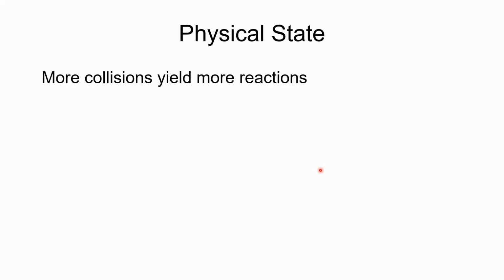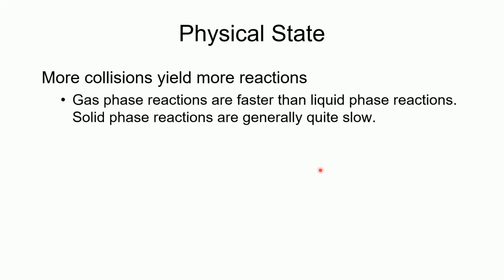So let's start with the physical state. Again, the collision model tells us that more collisions should give us more reactions. Well, we'll find that gas phase molecules are moving more freely and running into each other more often than the liquid phase, so gas phase reactions will go faster than liquid phase reactions.